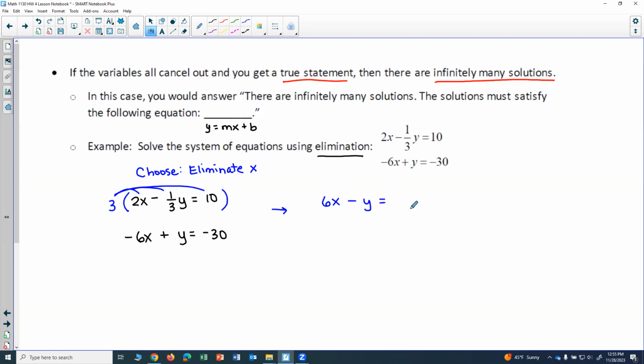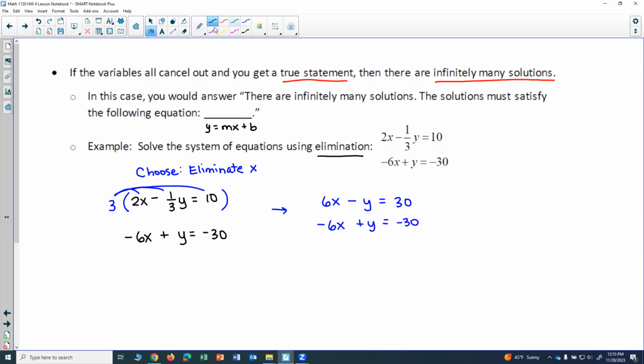And 3 times 10 gives me 30. So 6x minus y equals 30. The second equation, I'm going to leave it as it is because that will already cancel the x's. So -6x plus y equals -30.